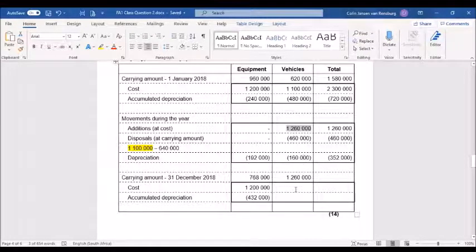So in other words, to arrive at the cost at the end of the financial year, it's going to be the 1,100,000 at the beginning of the year minus the cost that we've taken out of that account, which just happened to be 1,100,000, just because it was the only vehicle, and then we've added the 1,260,000. So what will be our cost at the end of the year? It's going to be 1,260,000 rands, right? Does that make sense, ladies and gents?